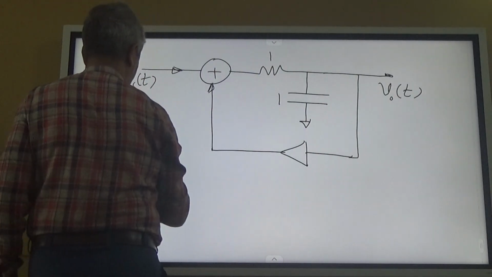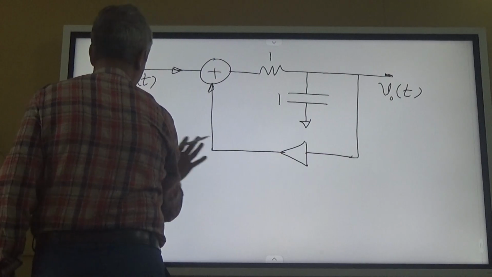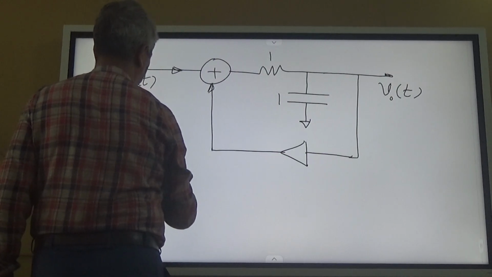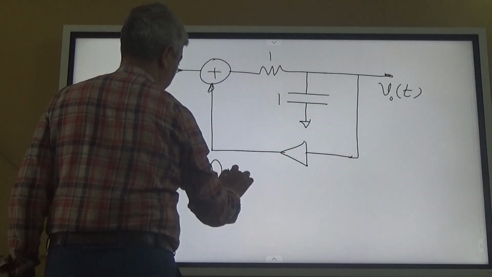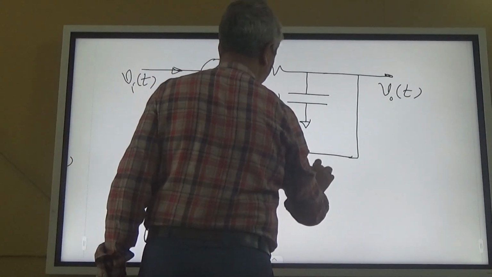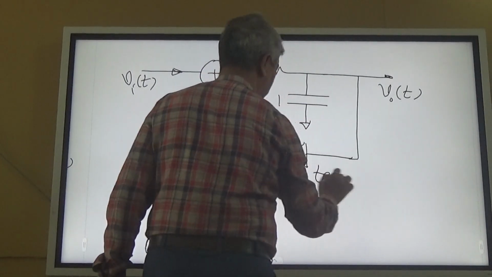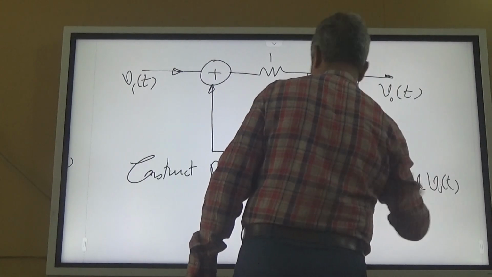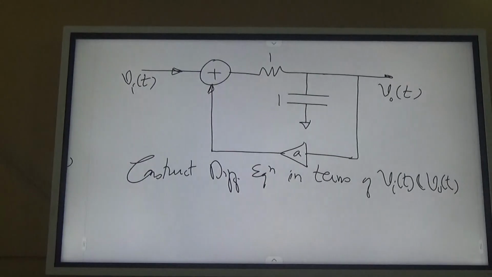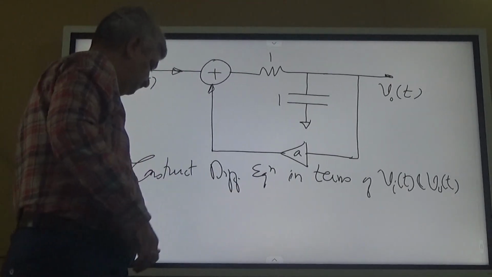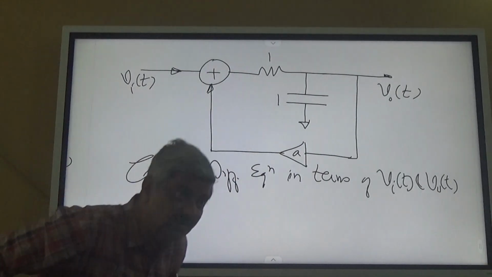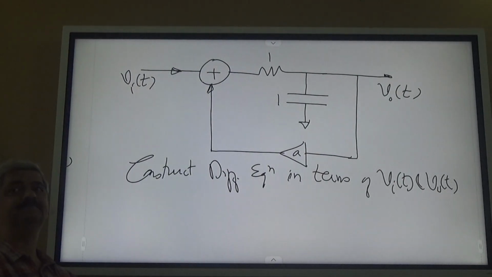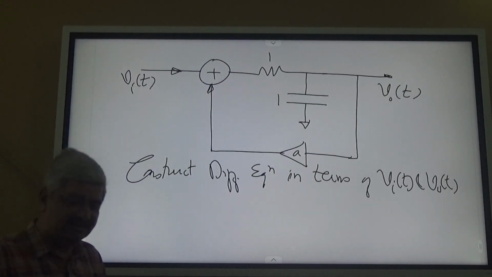Find out, obviously the question is, find or construct a differential equation in terms of Vin(t) and Vout(t). So I give a hint immediately itself.